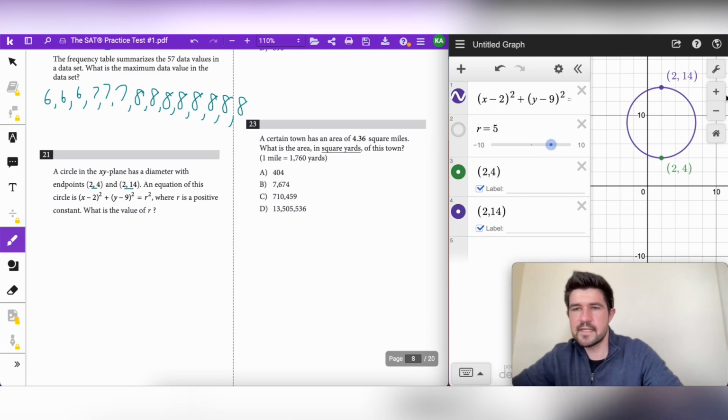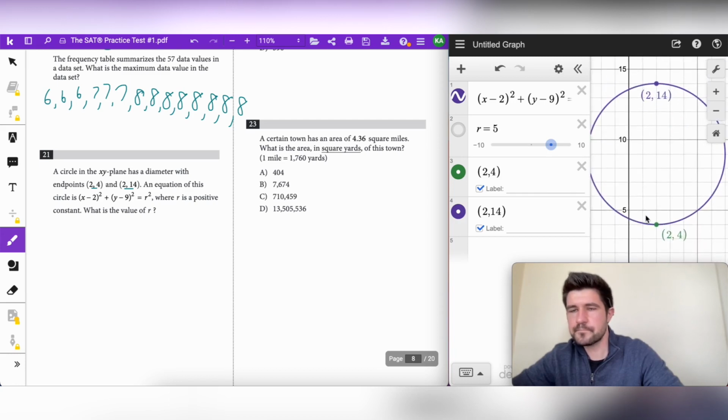Even if you want to zoom in just to confirm, you can see that this gives us an r value of 5, where this diameter, remember the diameter is the segment through the center of the circle that connects two different points on the circle, right? And so you could see that the diameter would be exactly as they describe it, from (2, 4) to (2, 14), and the answer would be 5.